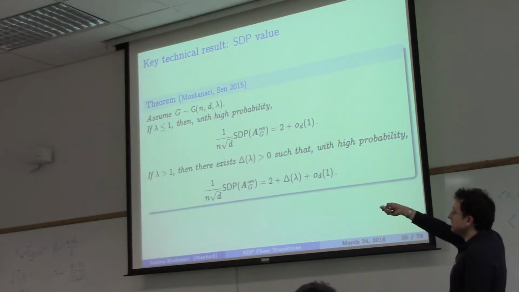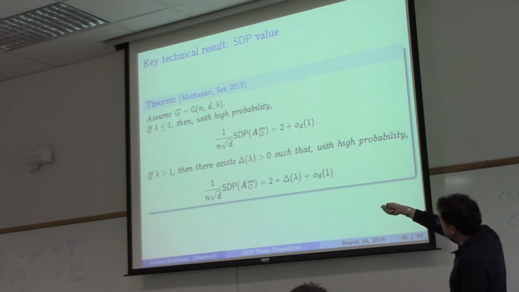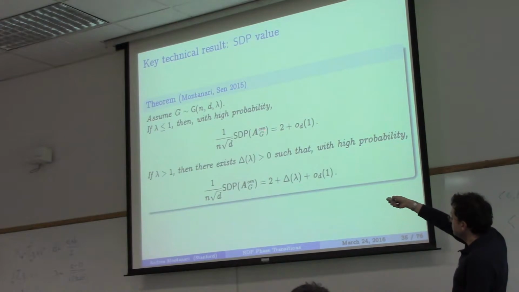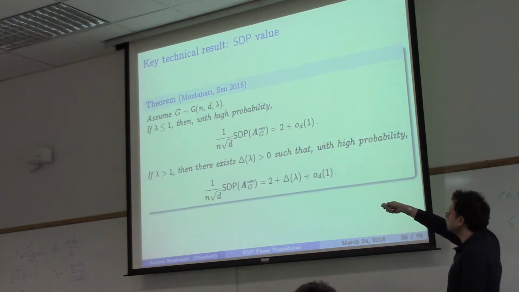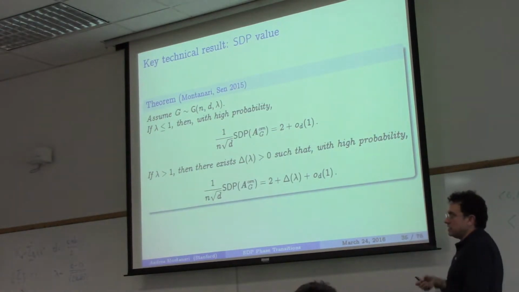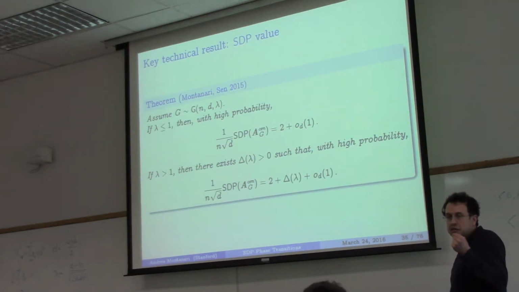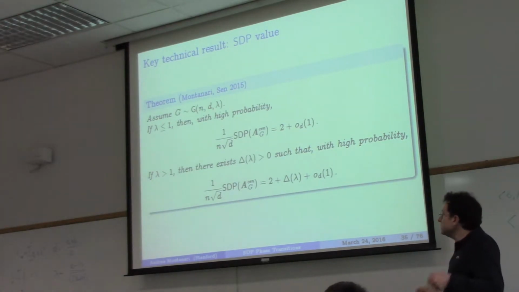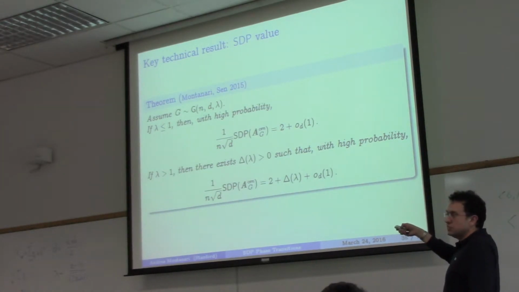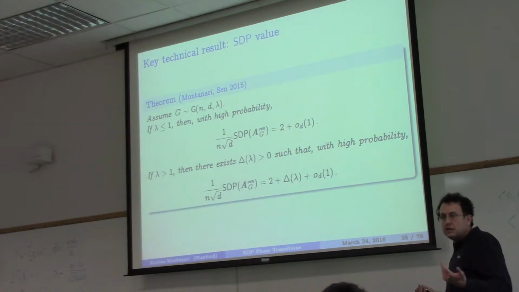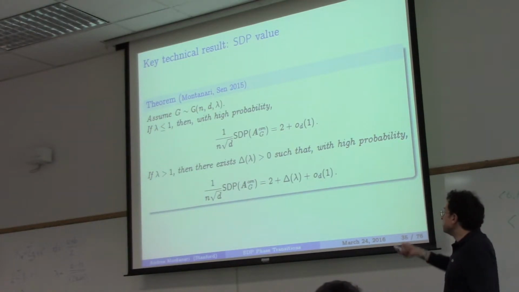If lambda is less than 1, then you evaluate the SDP on the problem with the data A, and you normalize in the way you should. You normalize by 1 over n, because the trace of x is n, and you normalize by square root of d, because the norm of this matrix should scale as square root of d. This is 2 plus something that goes to 0 with d.